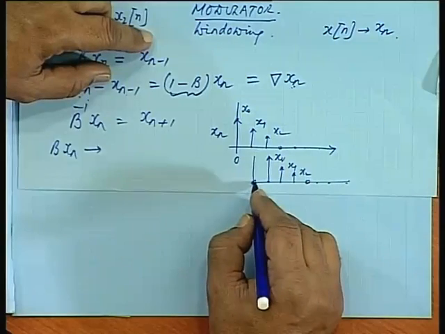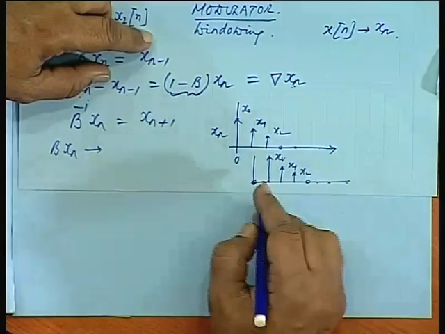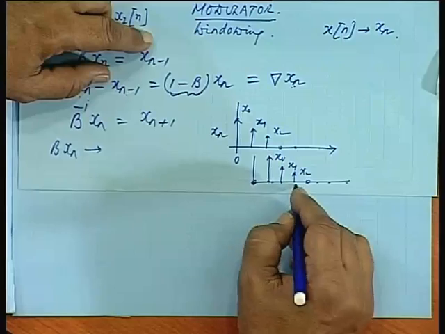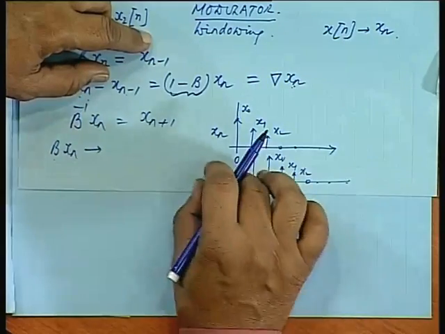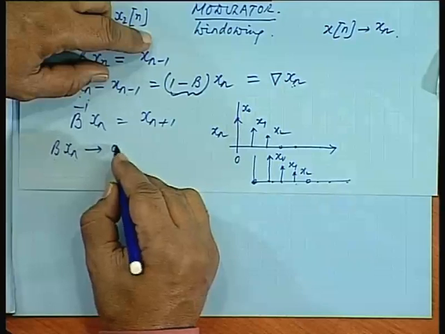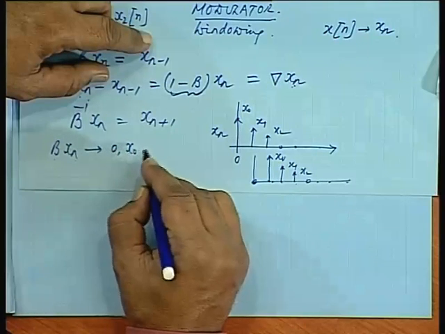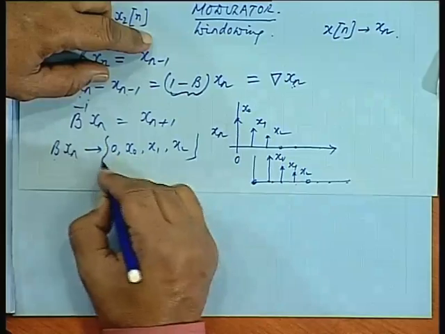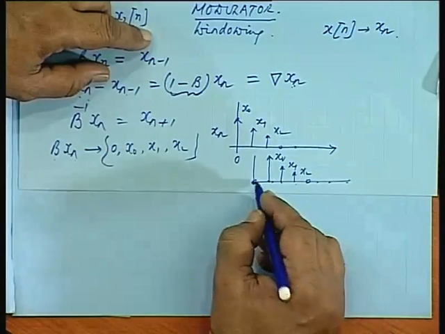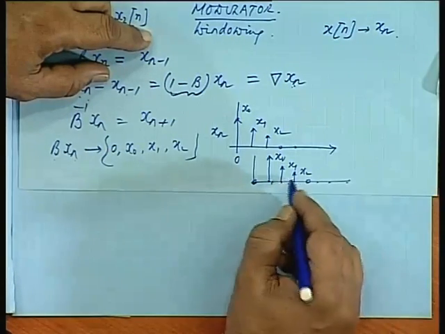So, it will start with a 0. If I give 2 shifts, then 0 0, then x0, x1, x2. So, B of x(n) will be shifting the sequence such that these will be the values now 0, x0, x1, x2.